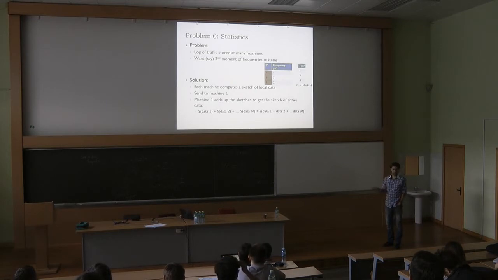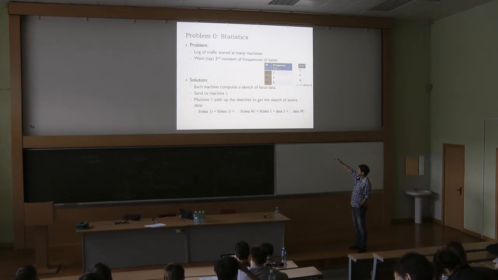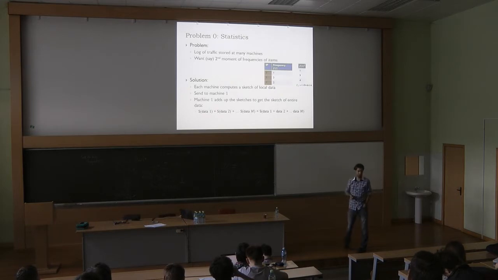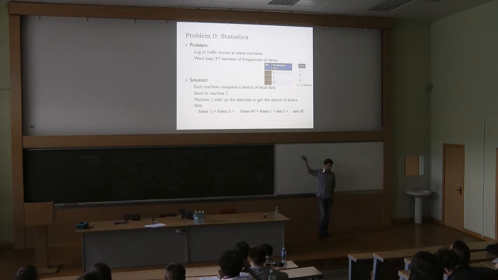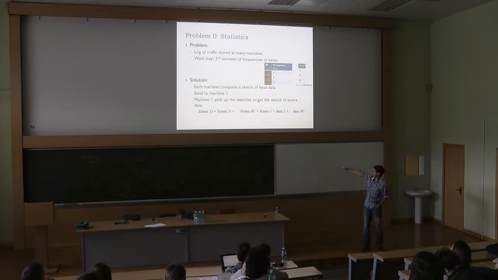We send it to one dedicated machine, the victim, call it machine 1, and machine 1 will just add up the sketches to get the sketch of the entire data. Here we again use the linearity of the sketch. For the second moment, the sketch was linear, it's just Gaussian times the frequency, so this equality holds.